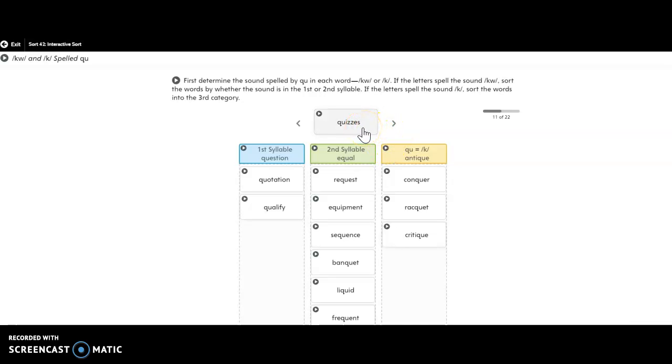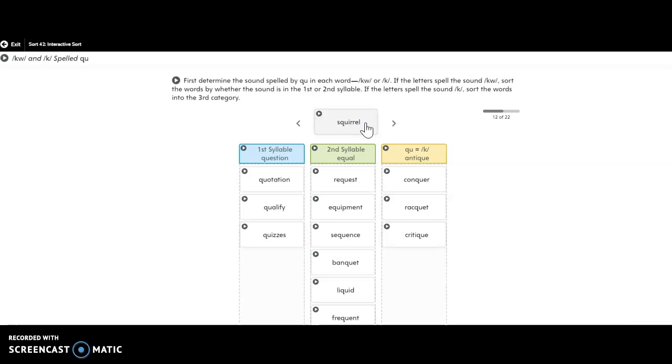Quizzes. It's almost like your mouth makes the same shape as it would make if you were saying a W for the quizzes. And so we know it's not just a K sound, it's using the Q and the U, both. Next is squirrel. Squirrel.